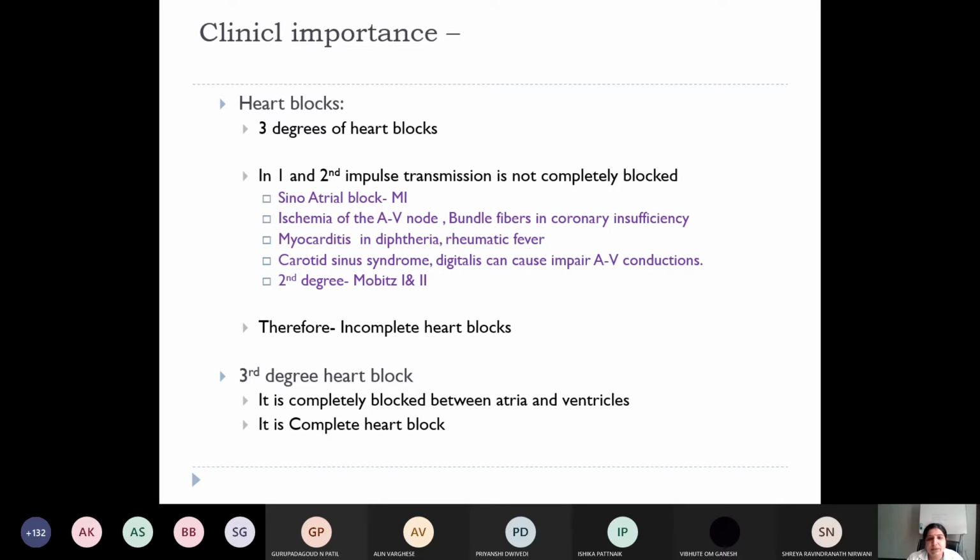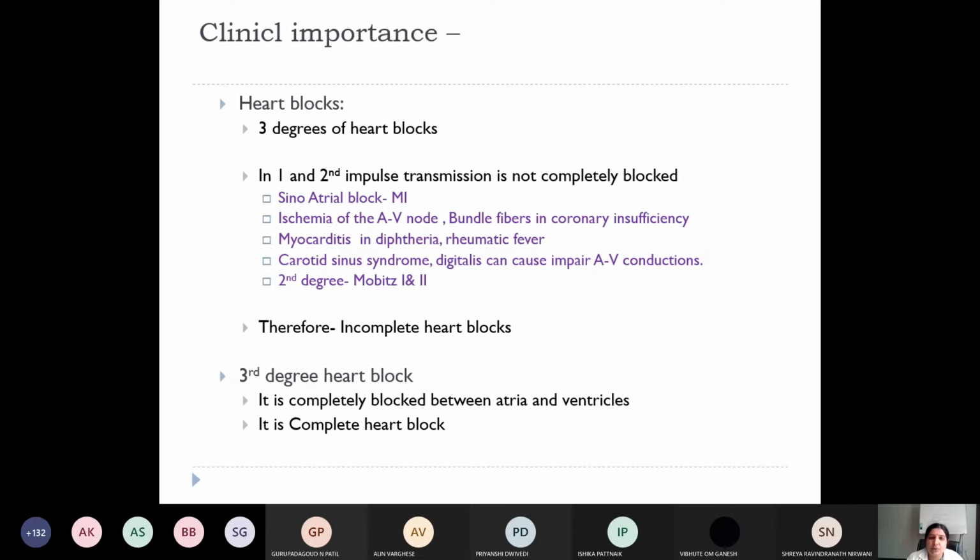Just to refresh your memory, Dr. Amrit has already told you in detail about the heart blocks. First and second degree heart block most commonly occur in myocardial infarction, where you may see sinoatrial block in MI patients.